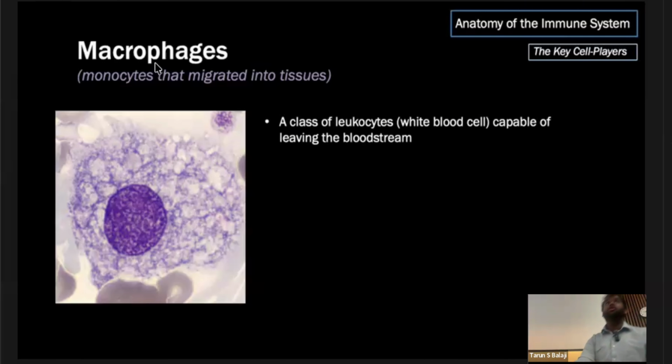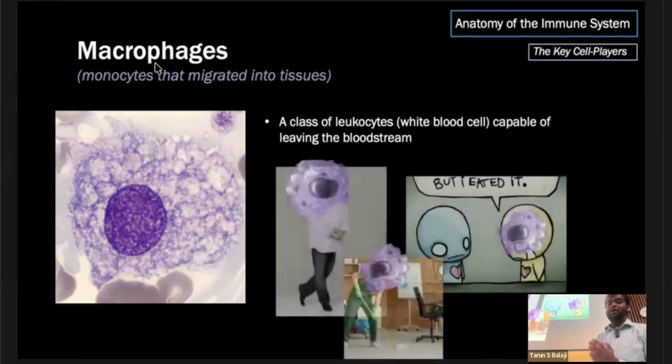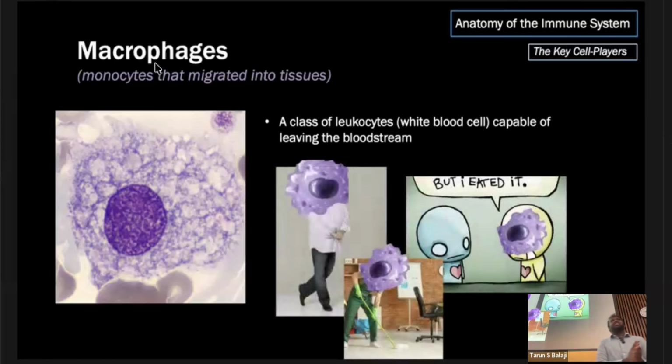And now these granules in specific, they're gonna help the cell perform an interesting function called phagocytosis, eating them up. So it's kind of like a janitor that just picks up trash and eats it. Your macrophages are super adaptable to whatever tissue.